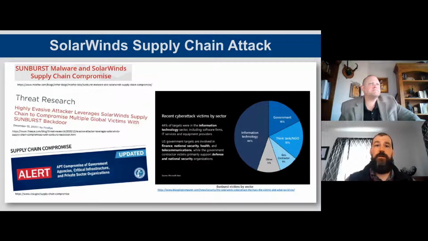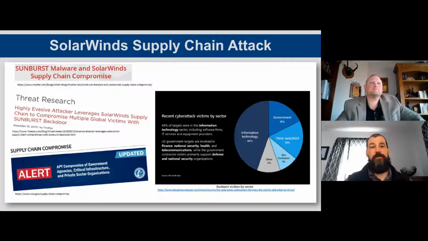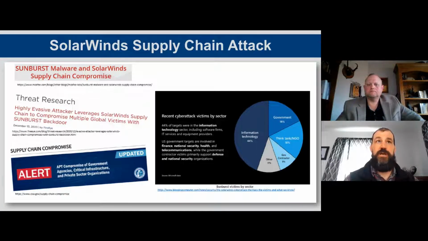Probably one of the most impactful events that's happened in the last year that everyone should pay attention to was the SolarWinds supply chain attack. Two or three years ago, most people wouldn't have understood what SolarWinds was at all. It is software that helps people monitor and understand network performance.